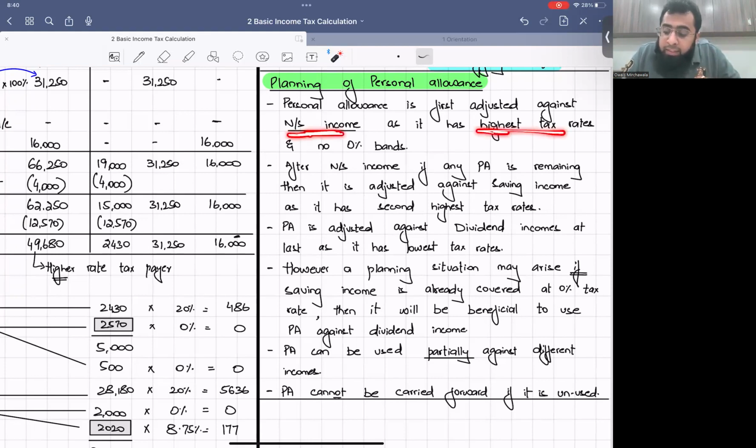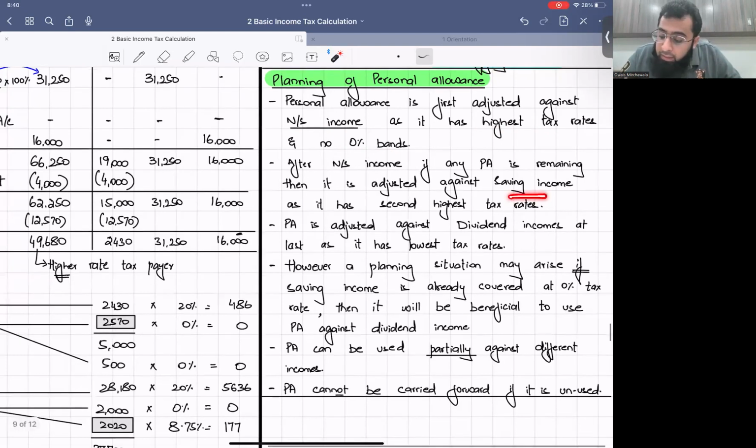Non-saving income has the highest tax rate and no 0% band. Once we offset the non-saving, then we move towards saving income, because saving income has the second highest tax rate. Its tax rates are the same, 20, 40, 45, but it has a 0% band. And at last, we go for dividend income.